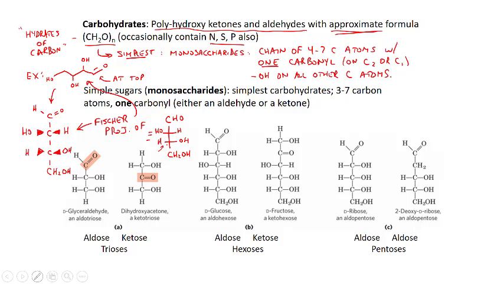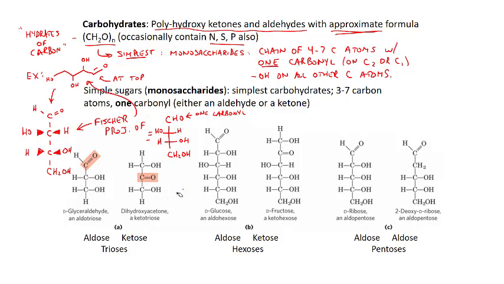So that's how we would draw the Fischer projection structure of a simple sugar. We have one carbonyl, only one, you never have more than one in a naturally occurring sugar, and you have OHs on all the other carbons. So that's a monosaccharide, or a simple sugar.